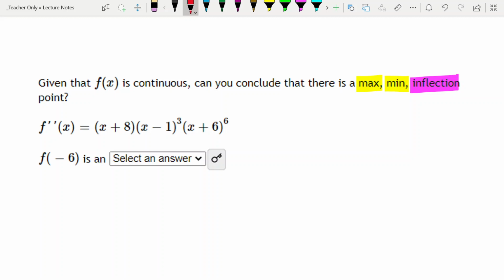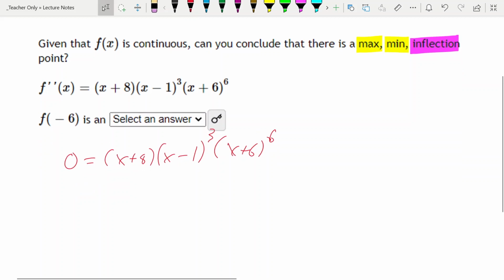Well, just having the values, we know that if the second derivative is equal to 0, then these are all the potential places where we might have an inflection point. When we set this equal to 0 and solve, it's purposely done in a way that it's simple to see.